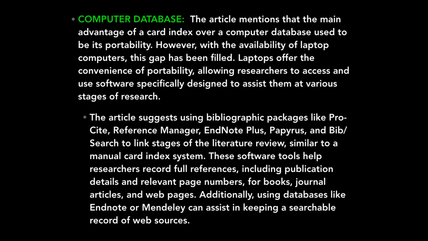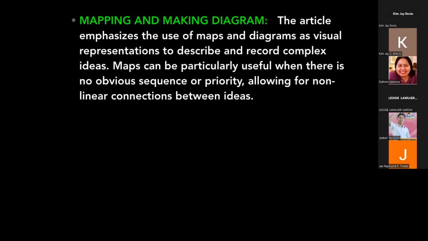These software tools help researchers record full references, including publication details and relevant page numbers for books, journal articles, and web pages. Additionally, using databases like EndNote or Mendeley can assist in keeping a searchable record of web sources.